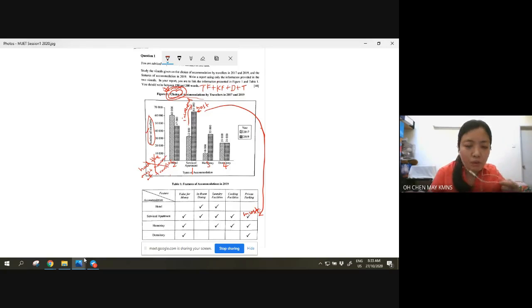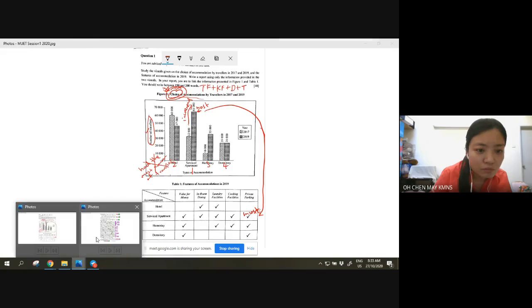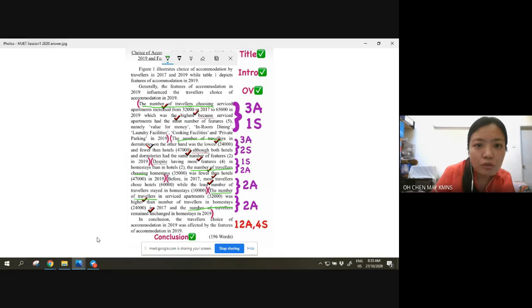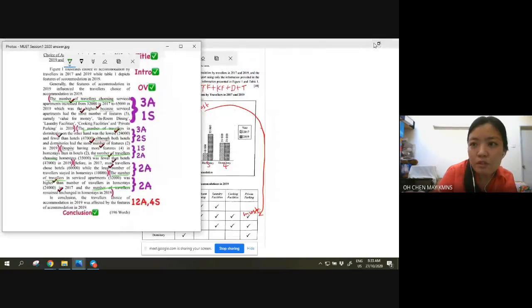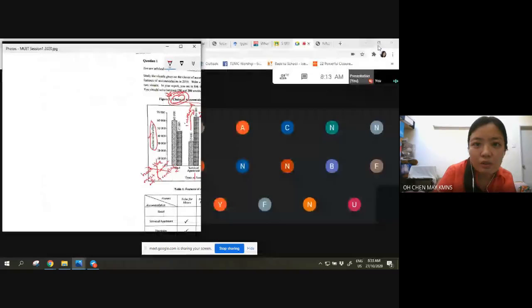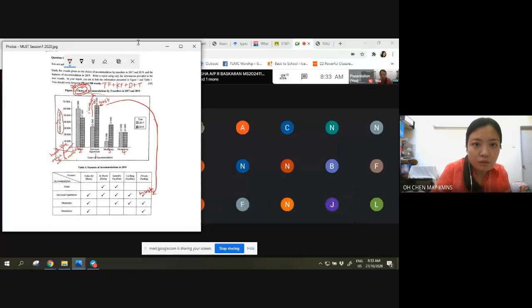So remember, in this first sentence, let me just show you the sample here. Okay, so the number of travelers choosing service apartment. Wait, I think I'll just put the question side by side for you. At least you can see together.